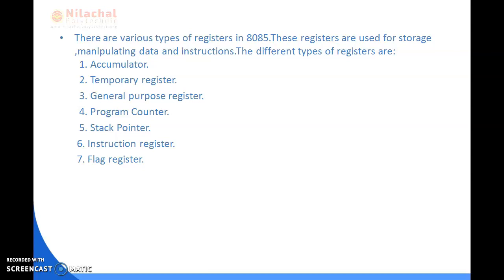So it has 8 addressable 8-bit registers, that is A, B, C, D, E, H, L and F, and two 16-bit registers PC and SP, that is program counter and stack pointer. These registers can be classified as general purpose registers, temporary registers, that is W and Z registers, and special purpose registers, that is accumulator, flag register and instruction register.